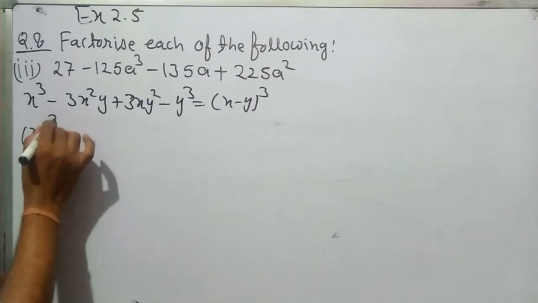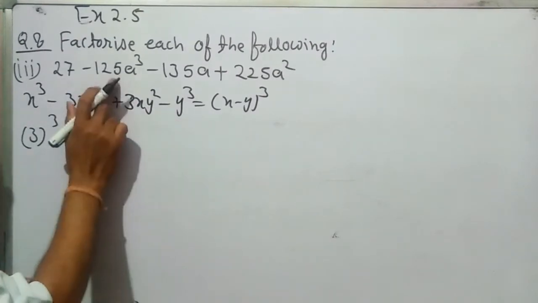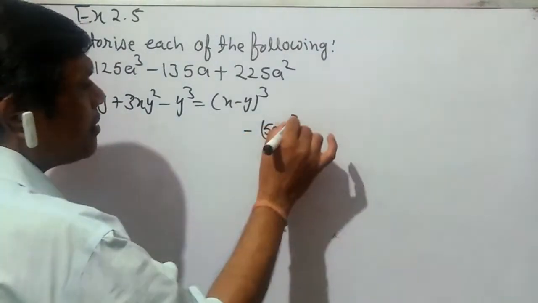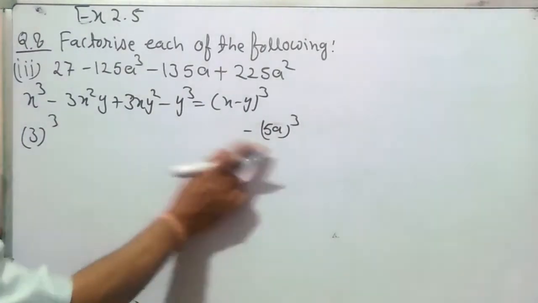That is 3 cube. Let us write y cube. What is it? 5a cube. So what is x now? 3. What is y? 5a.